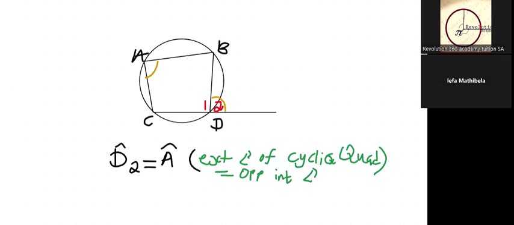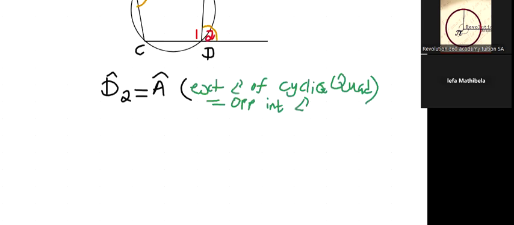And then, not forgetting, I don't want to draw another diagram. You can also conclude and say angle A plus angle D1 is going to give you 180 degrees.